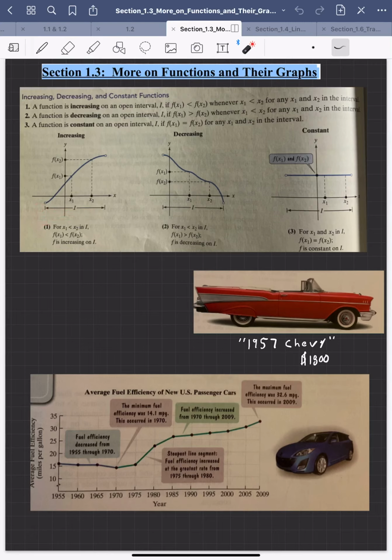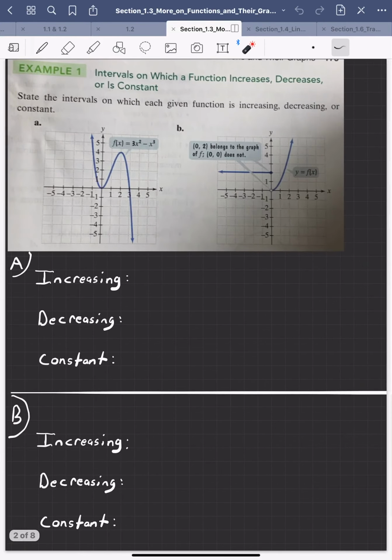Because somebody might look at this graph and say that we would be walking up the mountain, and somebody might look at this graph and say, well, you could be walking down the mountain. But if we're always looking at the graph from the left to the right, then we would say that this is increasing. So that's an important takeaway. But nevertheless, let's just jump in.